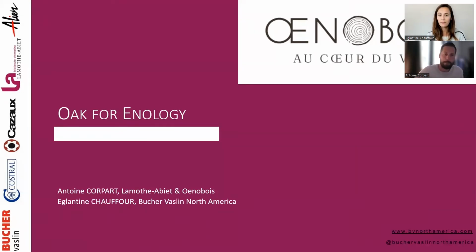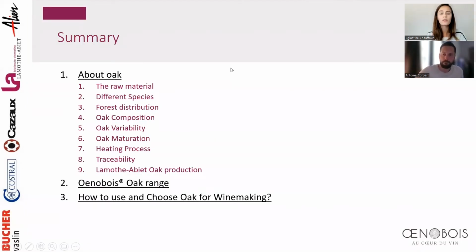So, quickly, an overview of what we are going to talk about today. The focus is oak, and no matter if we are talking about barrels, alternatives to barrels, or other shapes, we really want to focus on the raw material today, going a little more in depth on the composition, the variability, the maturation, and also what we do at La Motabier.